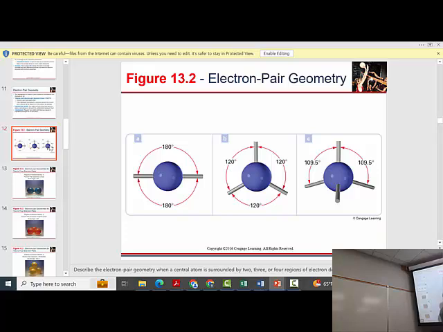However, if we have four groups, the maximum distance between them will be 109.5 degrees. All the angles here are 109.5 degrees, and this is called a tetrahedral group geometry.